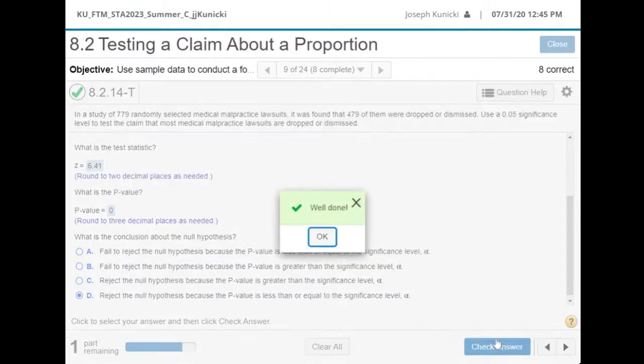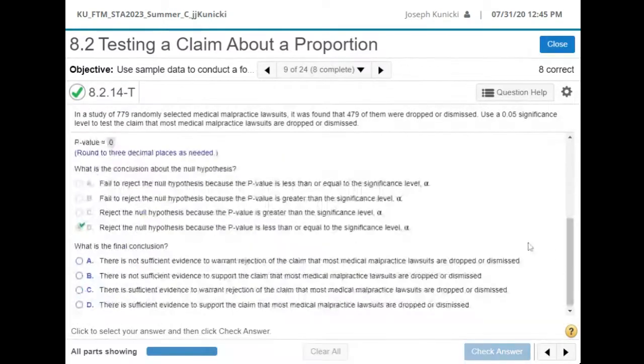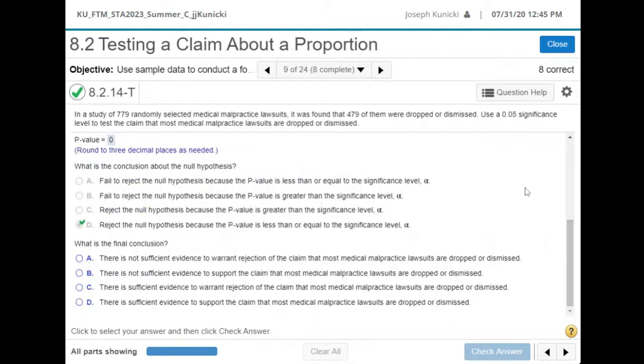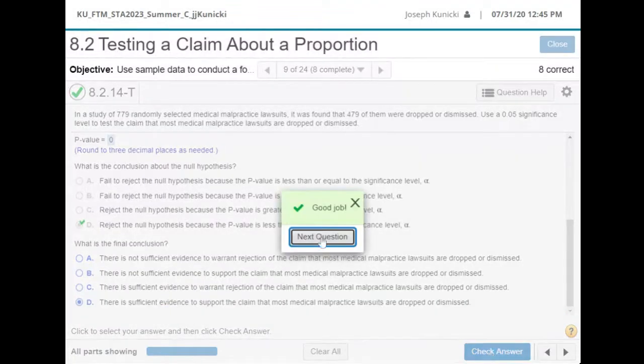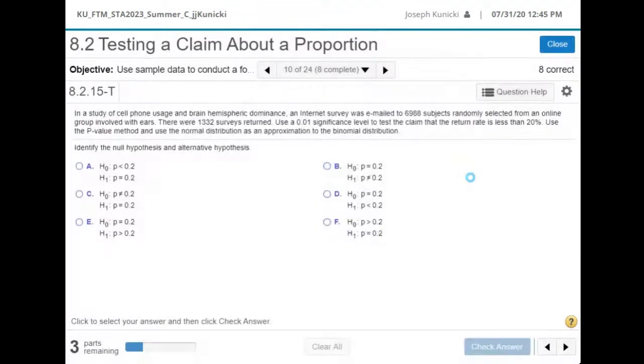Straightforward answer. Remember, that's where we started, actually with the first problem in the previous video. What's the final conclusion? There is sufficient evidence to support the claim, because we're rejecting the null, we're supporting the claim. Okay, so that was 3 problems from 8.2.